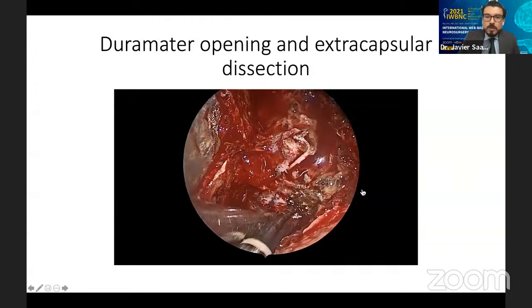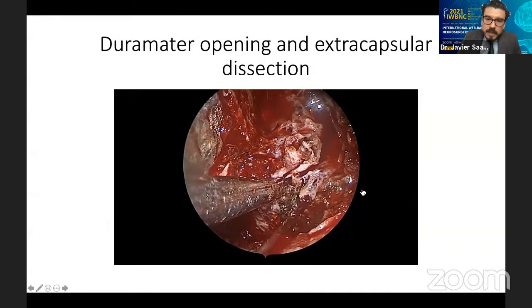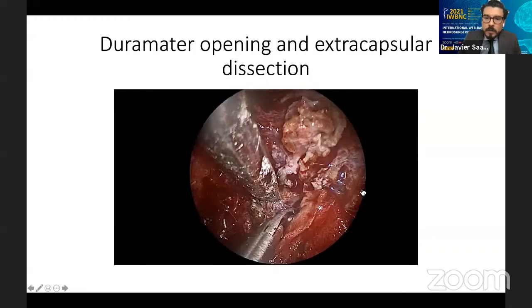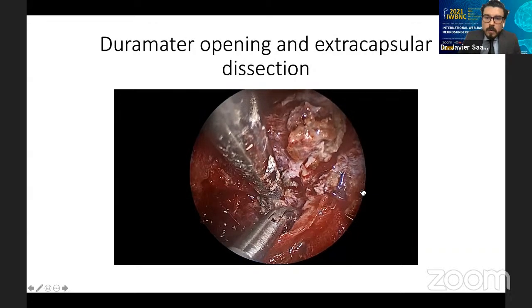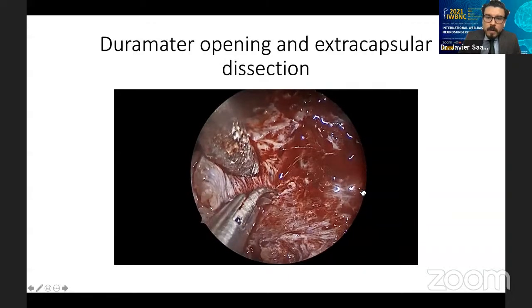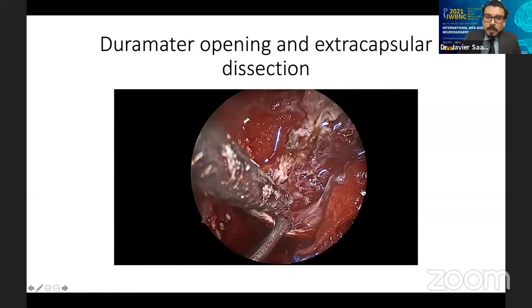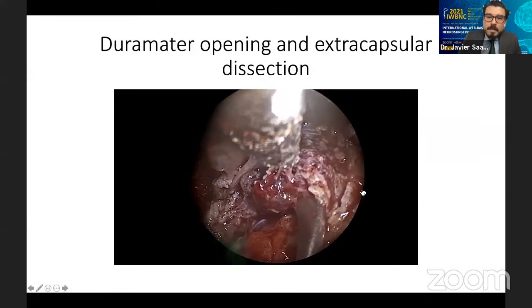It's really attached because the tumor is compromising the external and internal layer of the dura. So we have to start dissecting the tumor from the brain parenchyma. Here still trying to go extracapsular. And then we find a plane.